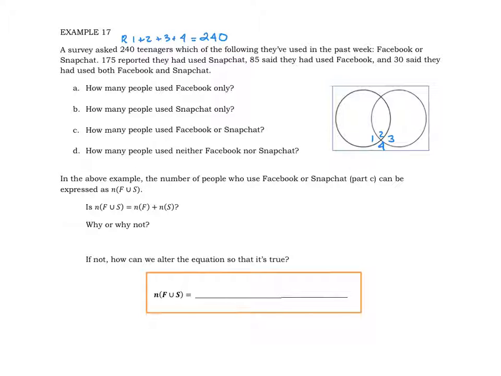They asked them if they use Facebook or Snapchat. So let's let Facebook be set F, let's let Snapchat be set S, and label our sets in the Venn diagram accordingly. 175 of these students reported that they use Snapchat. We need to think about what regions that would be. Snapchat would be regions 2 and 3.